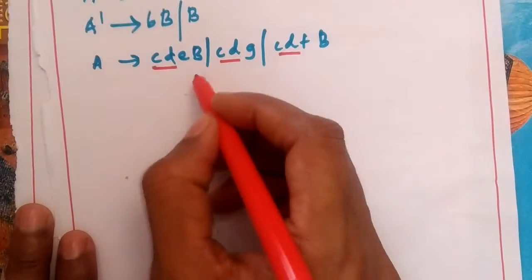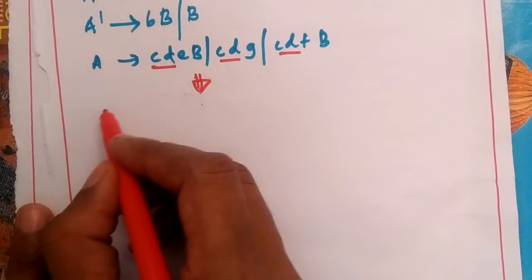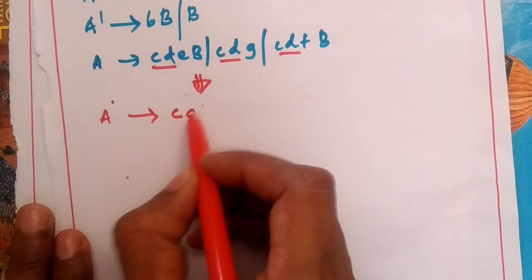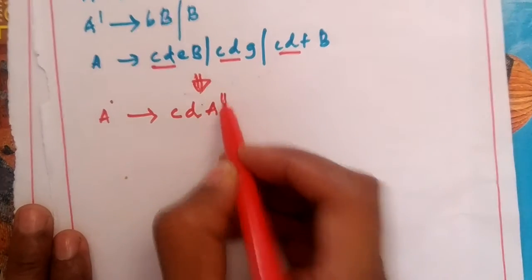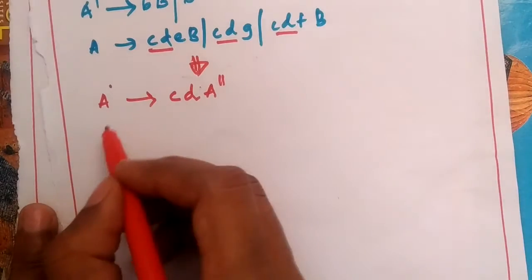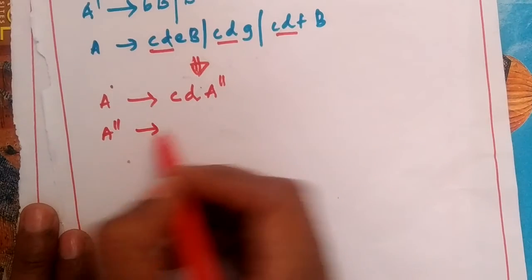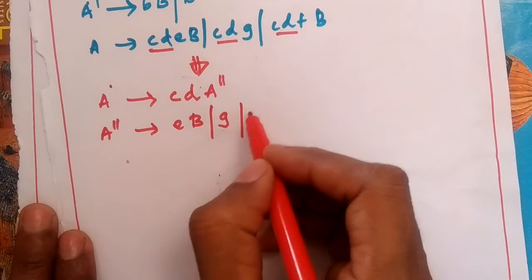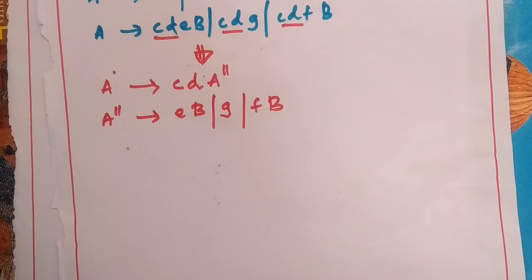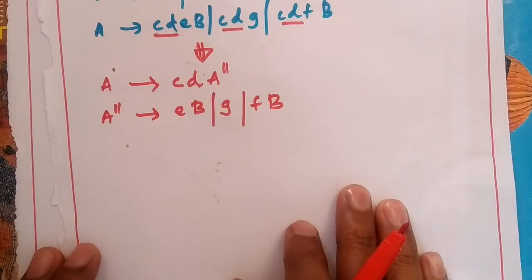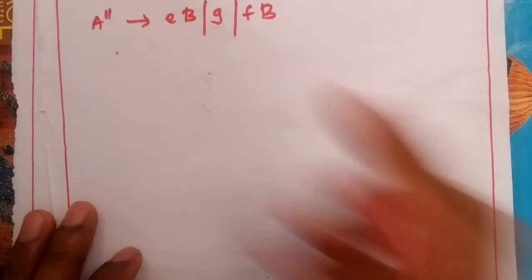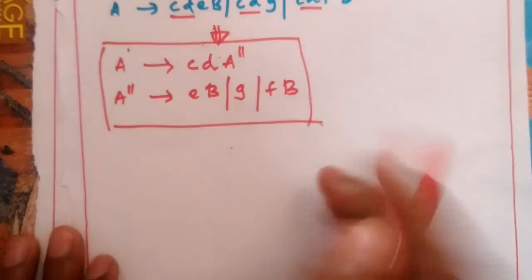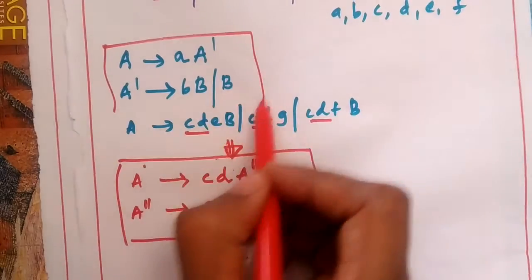Then its equivalent left factored productions are A gives c d A double dash, then A double dash gives e B, g, f capital B. So this is one set, this is another set.